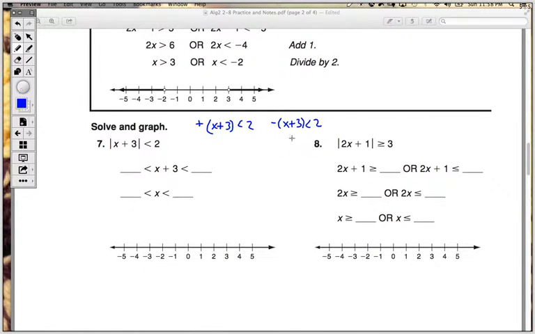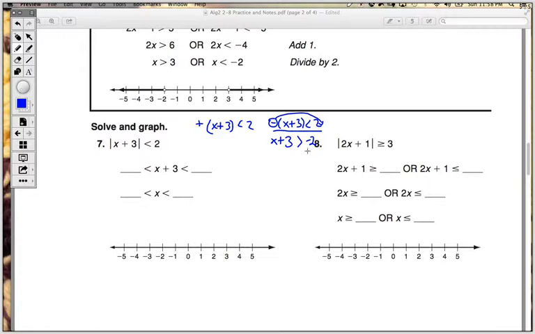Well, what's really happening is, let's say we multiplied both sides by negative 1 on this right one. Then you'd have x plus 3 because we got rid of that negative over here. And if we transfer it over there, that's like multiplying by the negative 1. The other side becomes negative 2, but something crazy happened, because when you multiply by a negative with inequalities, you flip that symbol.